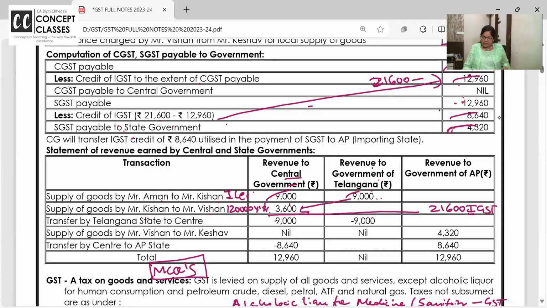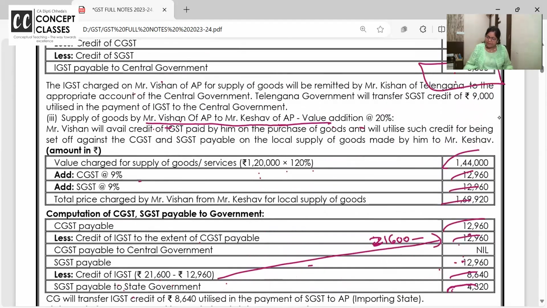Followed or not? Now the goods are not in Telangana, right? They are moving. So again the money from here it will be minus, here it will be plus, and finally this is within the state, and till here Telangana will give back, because finally they have not got the goods, the goods have gone, and this is 21,600. 1,20,000 at 18% IGST.